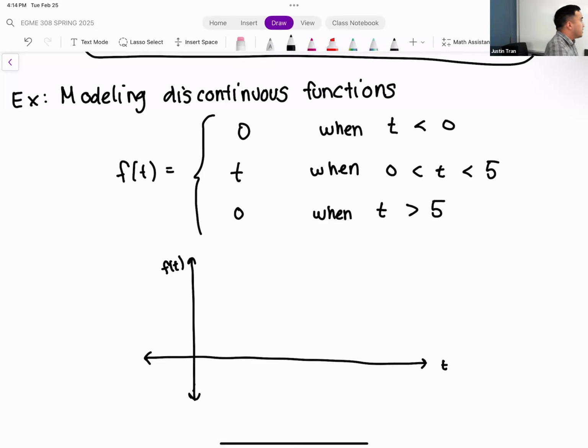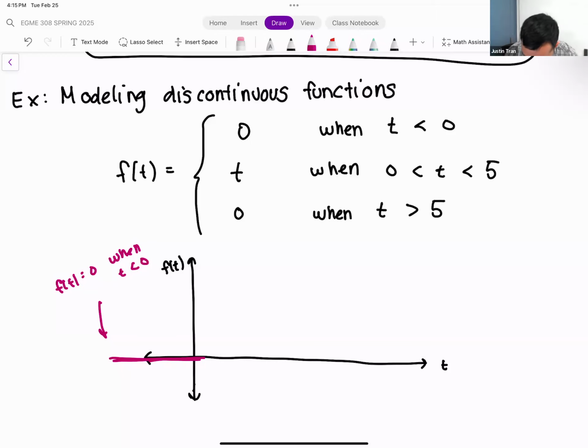When t is less than 0, on the left-hand side of the vertical axis, our function has a value of 0. It's a little hard to draw because it overlaps with the horizontal axis, but this basically says that f of t is equal to 0 when t is less than 0. Next, we have the regime between 0 and 5.